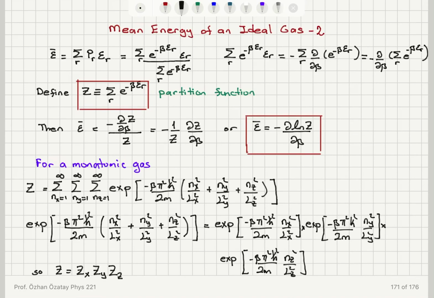If we apply this for a monatomic gas, when you calculate the partition function, since you will know the mean energy by using this relationship between epsilon bar and Z, I have basically expanded the partition function into three components, Zx, Zy, Zz. So I see that the product of three exponentials gives me the partition function Z.